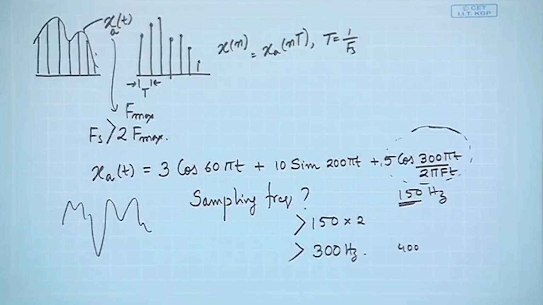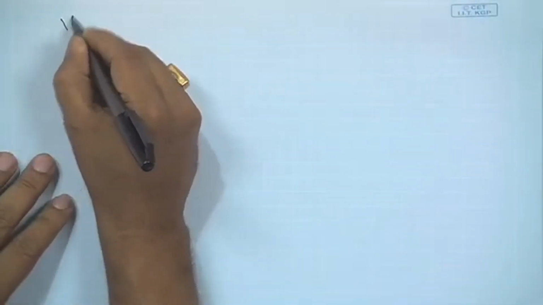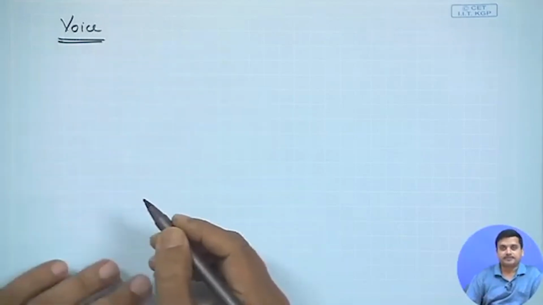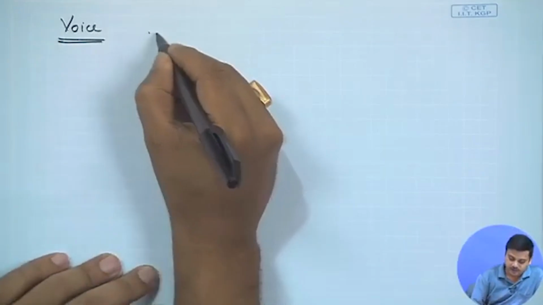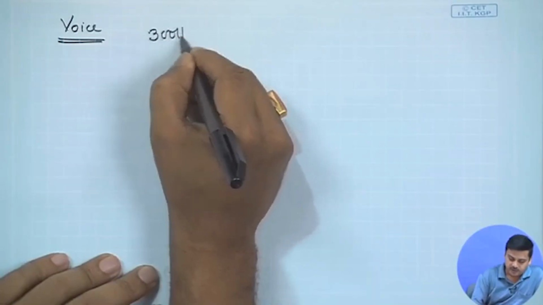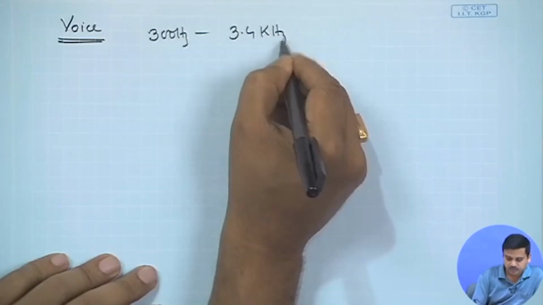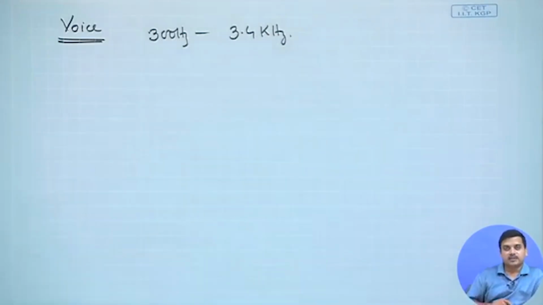If we take a practical example, let us say we have voice. Voice that goes through the telephone line is generally between 300 hertz and 3.4 kilohertz, right. If this is the case, then one would ask what sampling frequency one would choose.